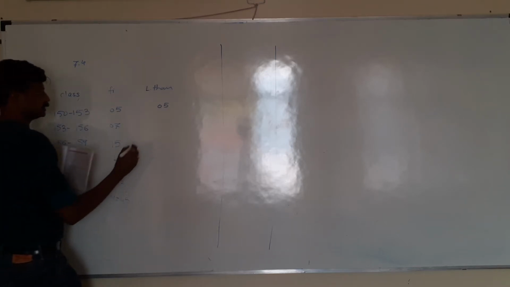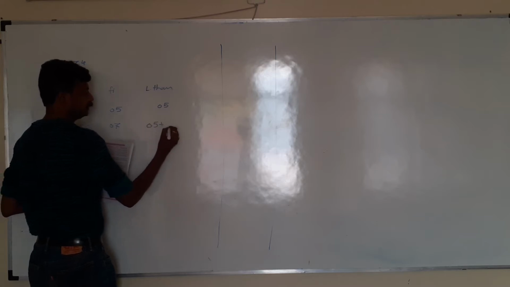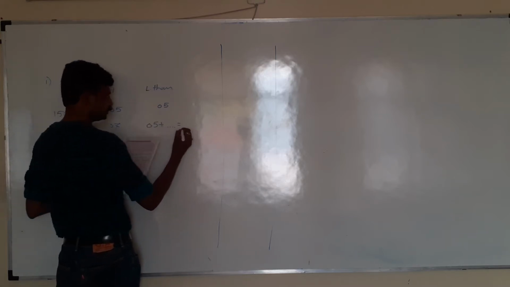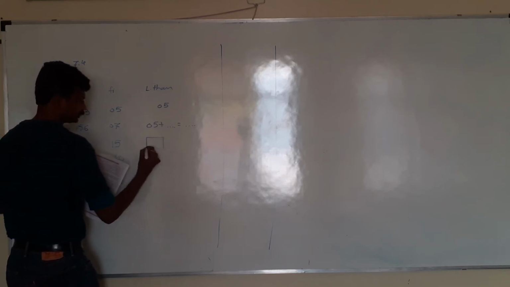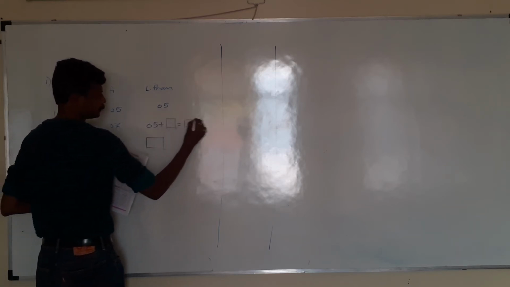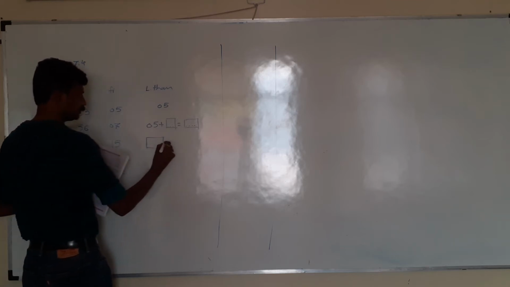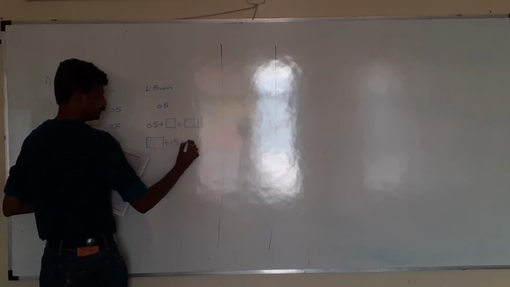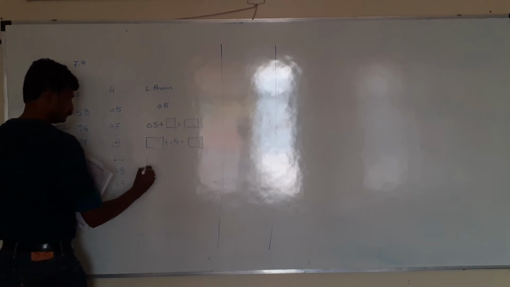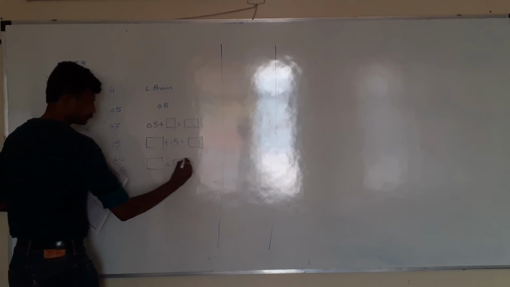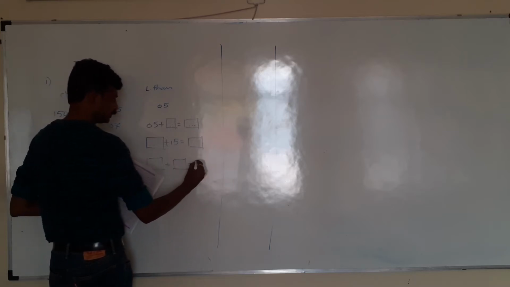As per given information, first I will write the given information. 0, 5 plus dot dot is equal to dot dot. Then next I will write a box instead of dot. Then box plus 15 is equal to box. For the next class, box plus box is equal to 37.